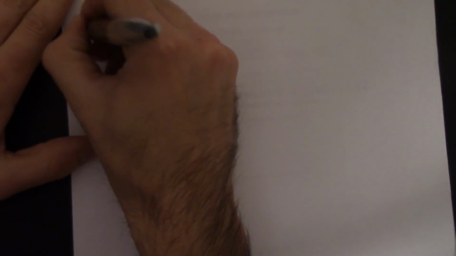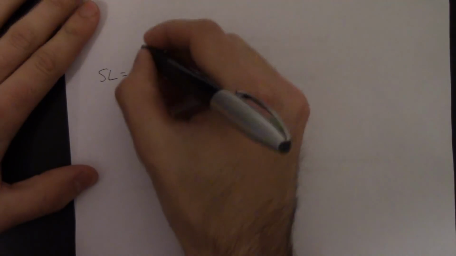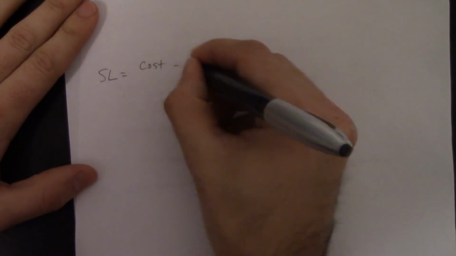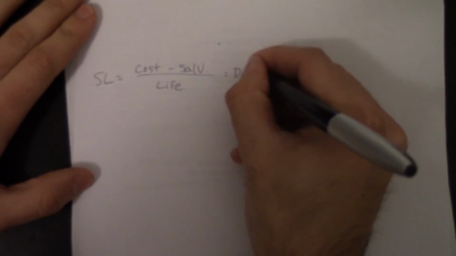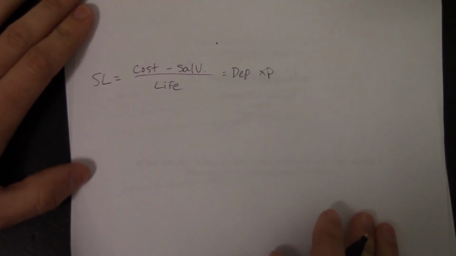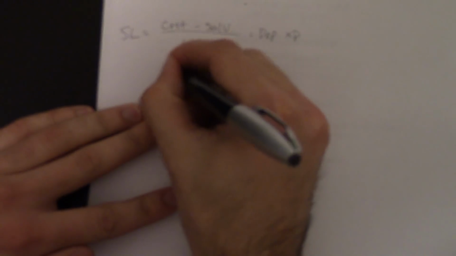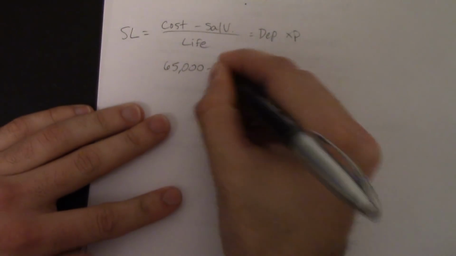So straight line, the equation is the cost minus the salvage value divided by the useful life. And that will give us our depreciation expense. So the cost in this problem is $65,000. That's the original cost.